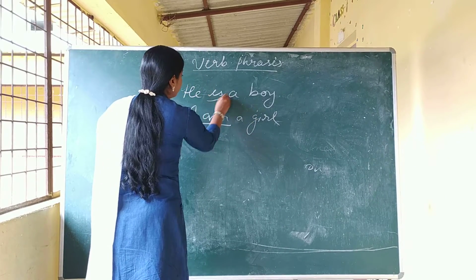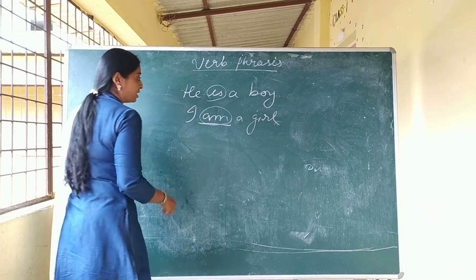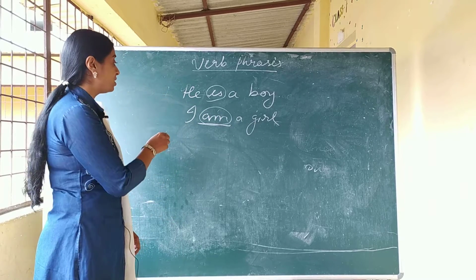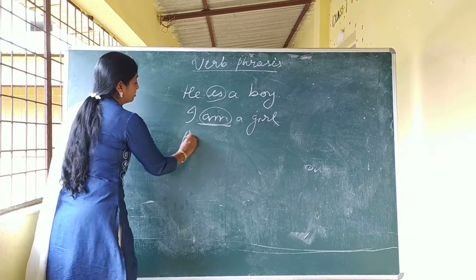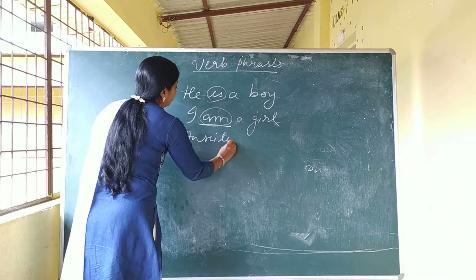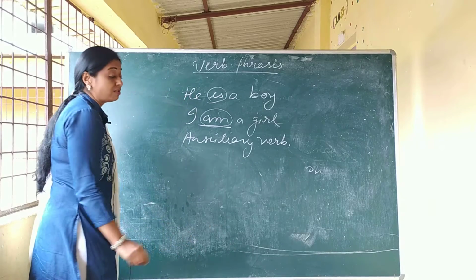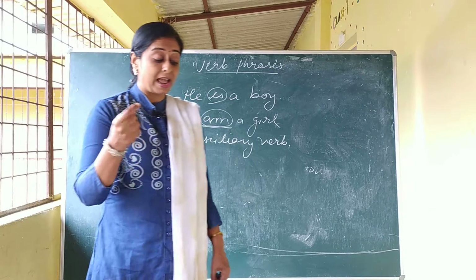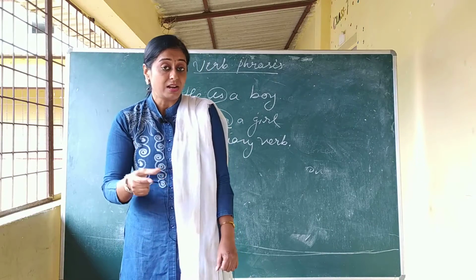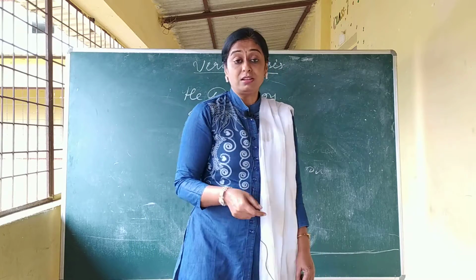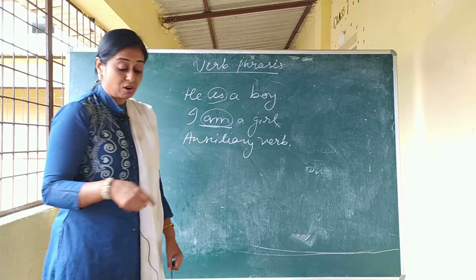So we were using different kinds of verbs. These are also verbs only, they are also action words only, but actually they are called auxiliary verbs. So these are actually functional verbs, or they add grammatical or functional meaning to the clause or the sentence. Okay, so they are called auxiliary verbs.